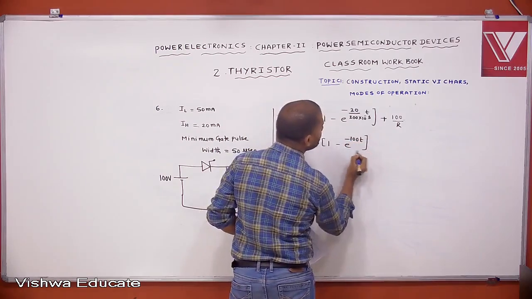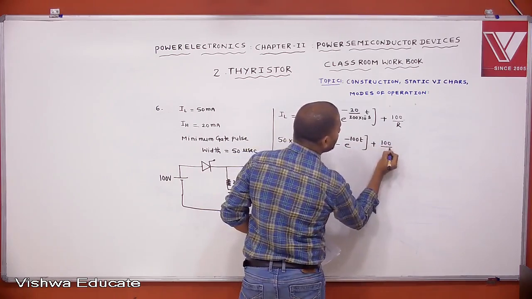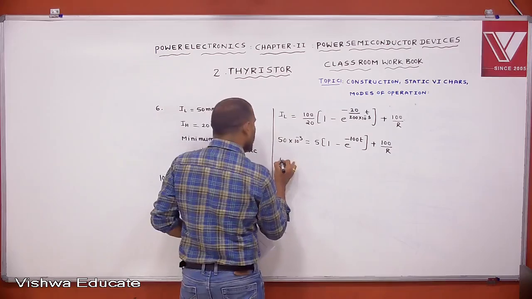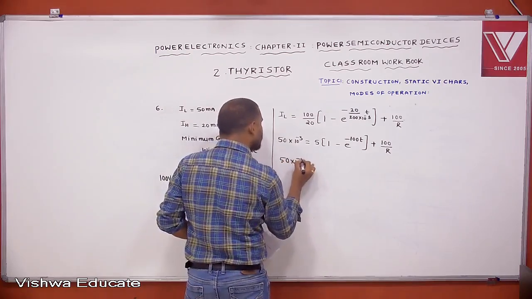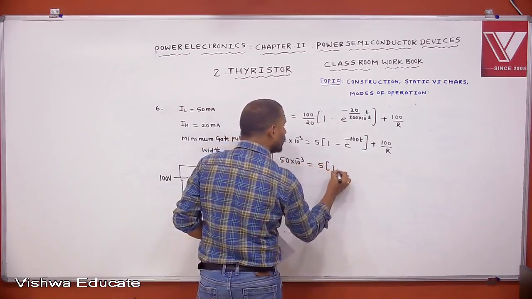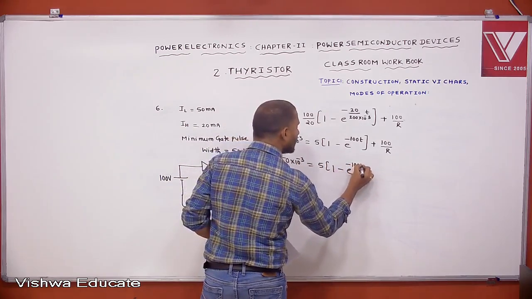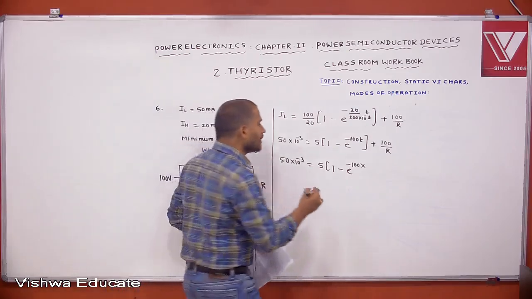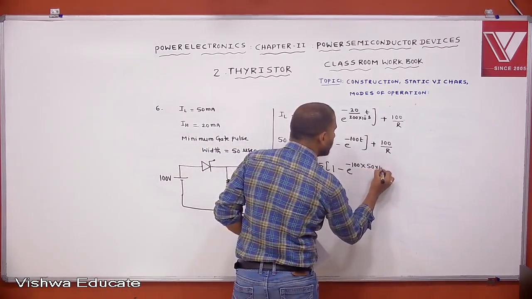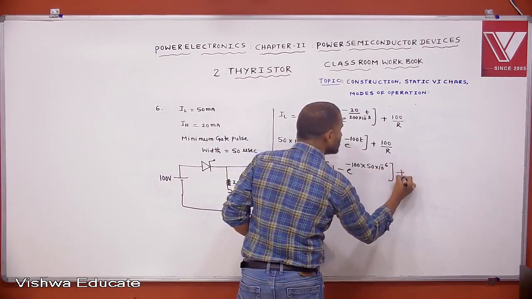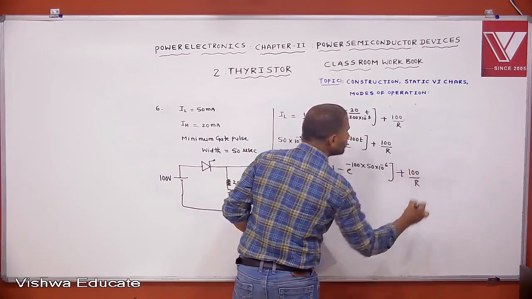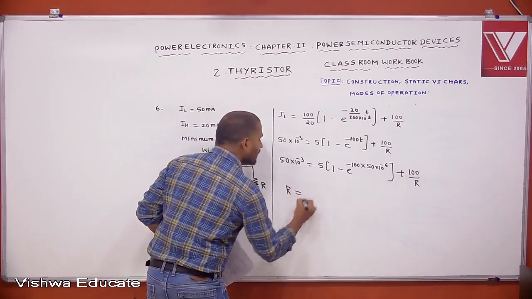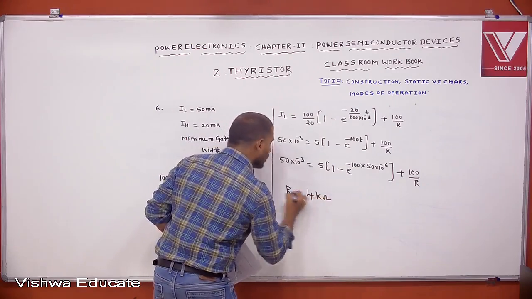This if we simplify this 100t, that is 100 by R. Then 50 into 10 to the power of minus 3 is equal to 5 into 1 minus e power minus 100. T is given 50 microseconds, 10 to the power of minus 6 plus 100 by R. Then we simplify this. Then from this, what you can get? R equal to 4 kilovolts.